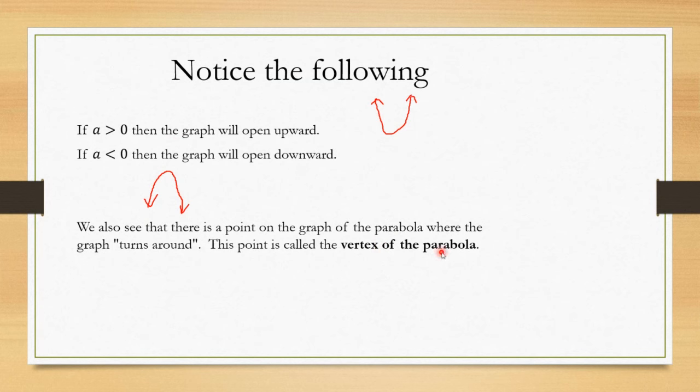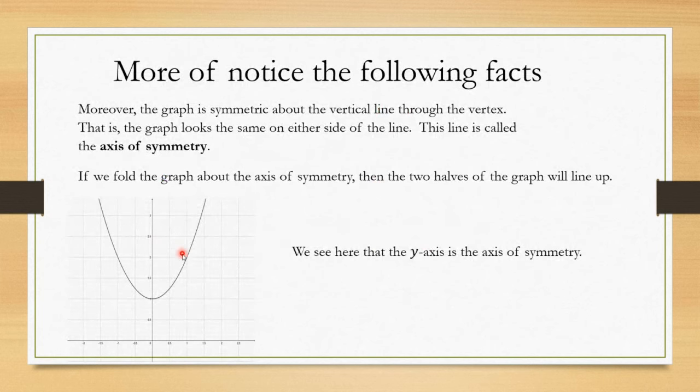Now, if you were to look at this graph, which is actually y equals x squared plus 1, hopefully you can see this, but you can imagine taking the graph, both sides, folding it along the y-axis.